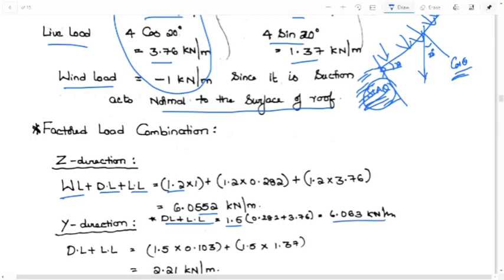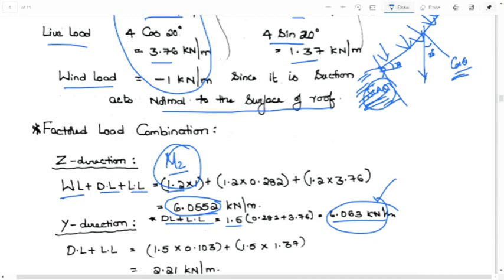So these are the two loads, and the maximum load is to be taken for calculating the moment Mz. So what is the greater value? This. So this is the value that you have to take. So the moment due to the 6.0552 kilonewton per meter is taken to be the moment Mz.